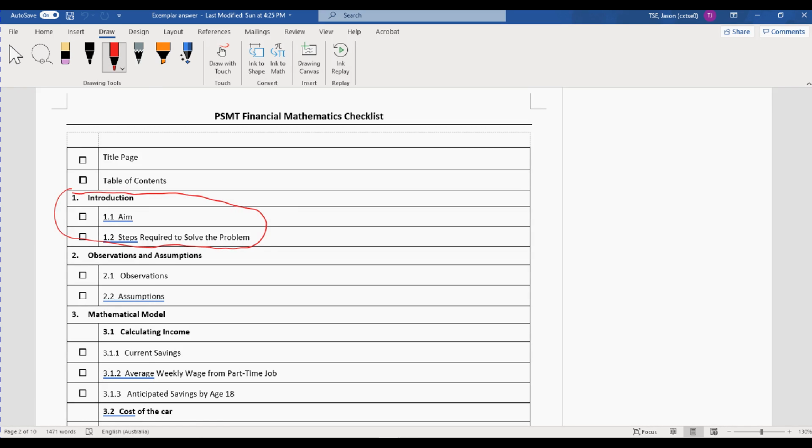In the introduction part, there are two subtopics. One is the aim of this assignment. The second is the steps required to solve the problem, which is what we call math modeling. And for this part, you need to refer back to some of the work you've done.